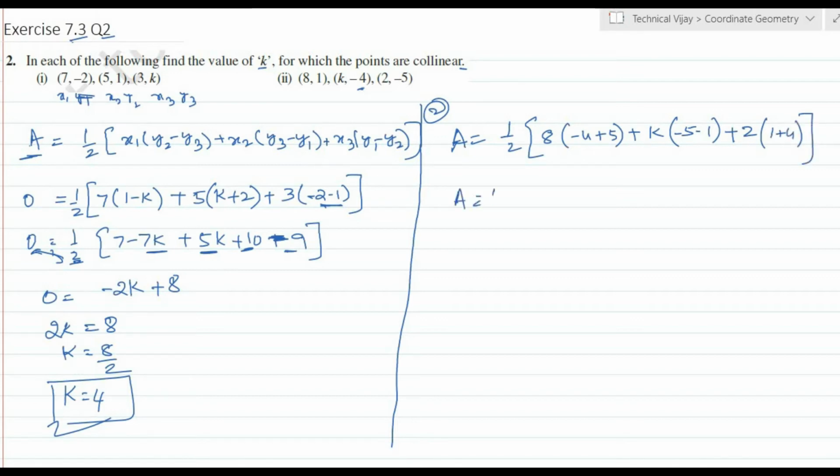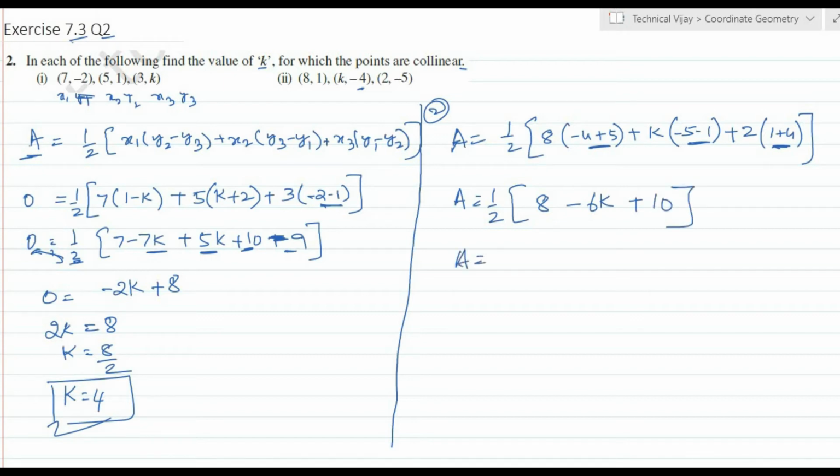So area is equal to half of here 1, so 8 into 1 is 8. So plus, k into, this is minus 6k. So plus, this is 4 plus 1, 5, 5 into 2 is 10.